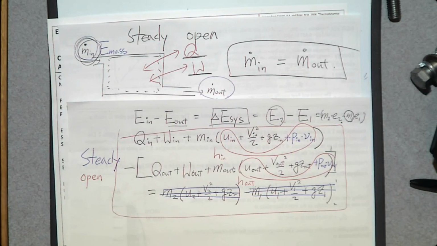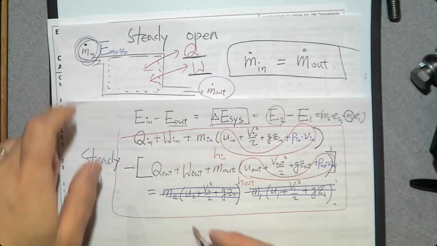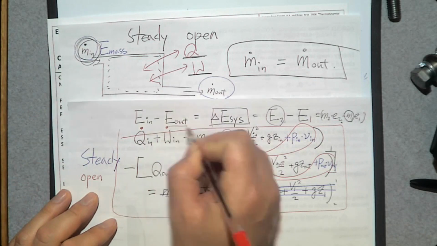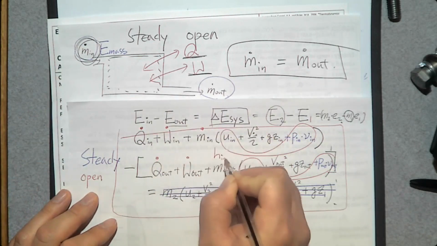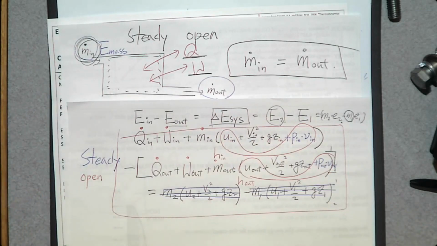The last one: do you remember that when we study a steady open system, it is convenient to use flow rate rather than just mass? So we can use mass flow rate. How can we have a mass flow rate? Divide each term by mass. That means we can add a dot on top of each property. Then, since there's nothing on the right-hand side, can we move everything going out to the right-hand side?